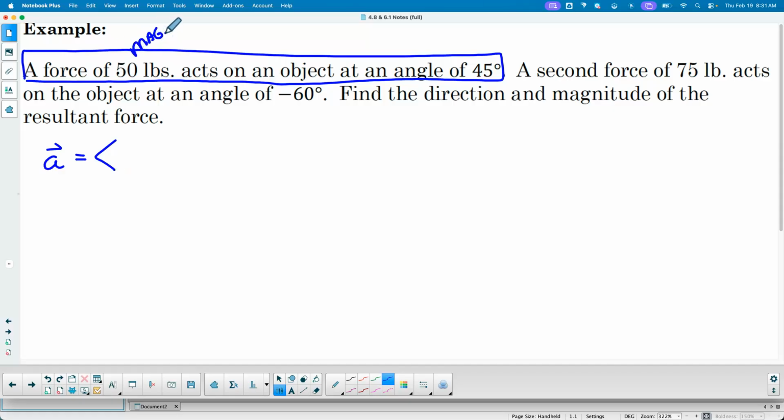What's my direction angle? 45. So that means then we're going to have 50 cosine of 45 degrees, 50 sine of 45 degrees. Right?